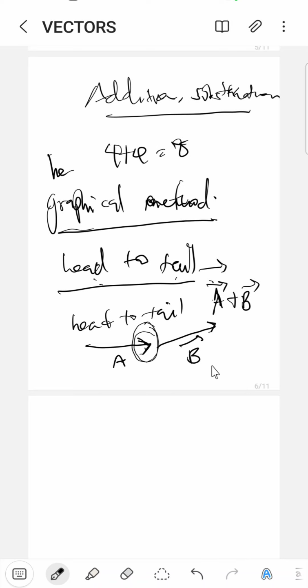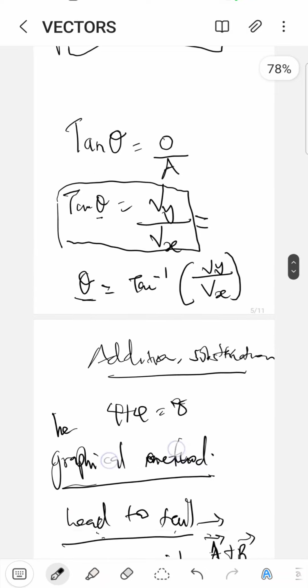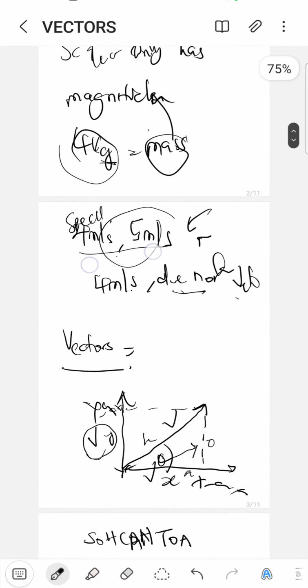The vector in question is A, and it has a head. That head should be added to the tail of the vector that we're adding, which is vector B. Head to tail, head to tail. That is basically how you add vectors in the graphical method. But again, it will probably sink in more when we look at a few examples, and more concepts will unfold in those examples.